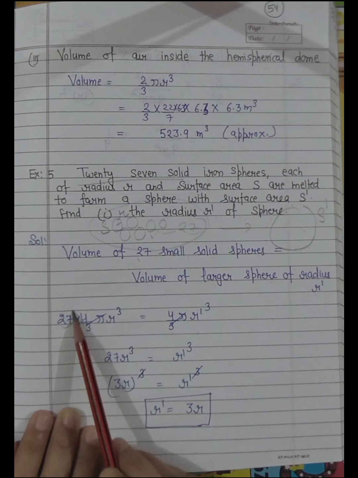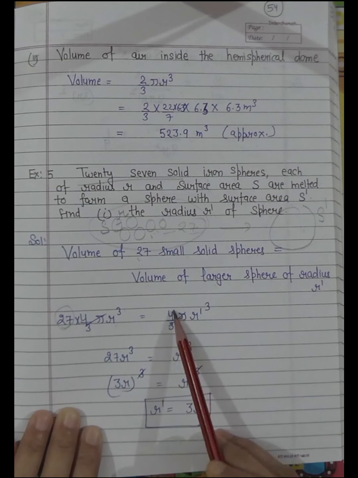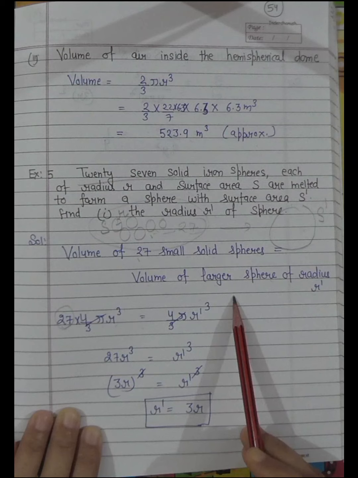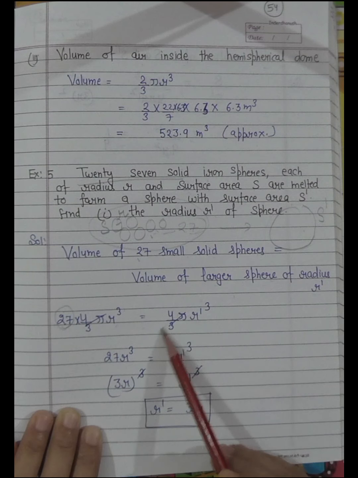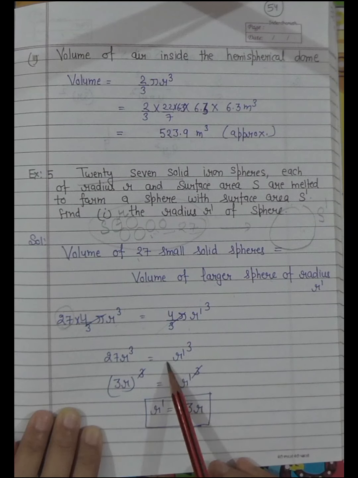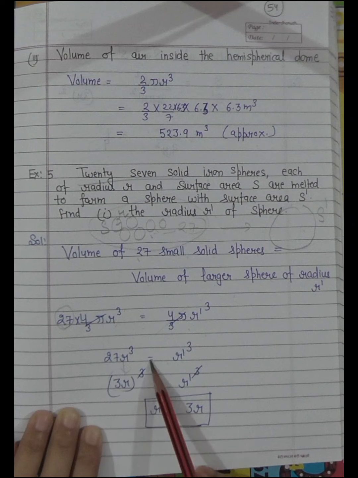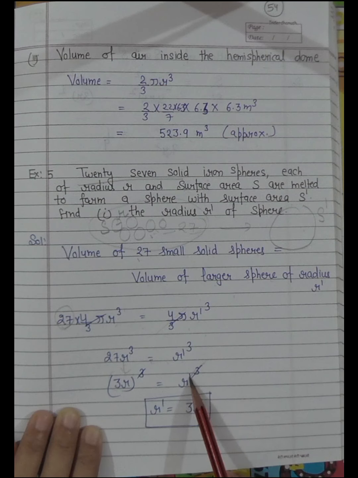That is 27 multiply 4 by 3 pi r cube, which will be equal to 4 by 3 pi r dash cube. From here 4 by 3 pi, 4 by 3 pi both are cancelled out. 27 r cube is equal to r dash cube, and it can be written as 3r in bracket cube, which is equal to r dash cube. Cube cancels out, so the value of r dash will be 3r.